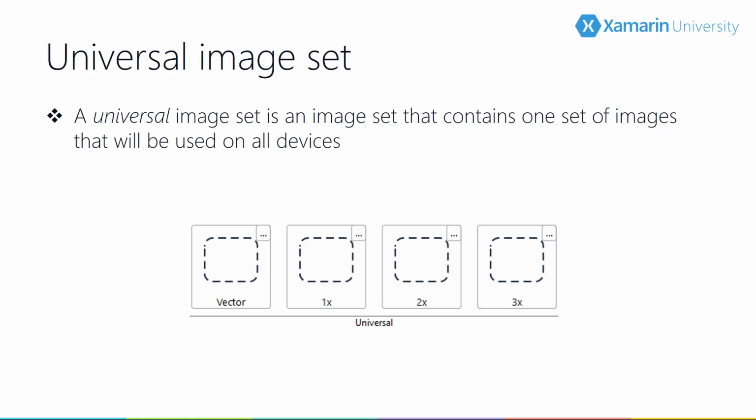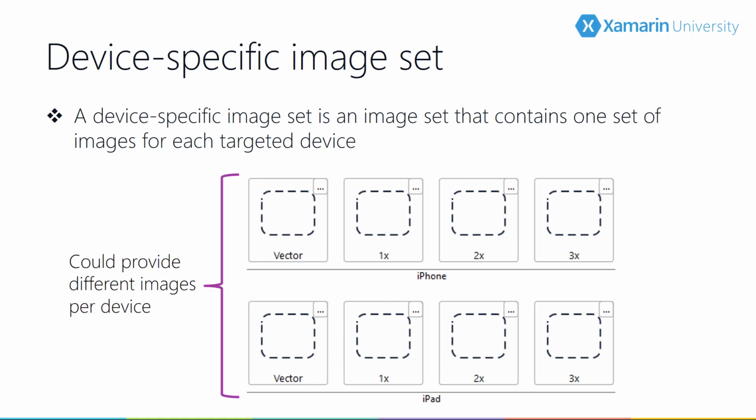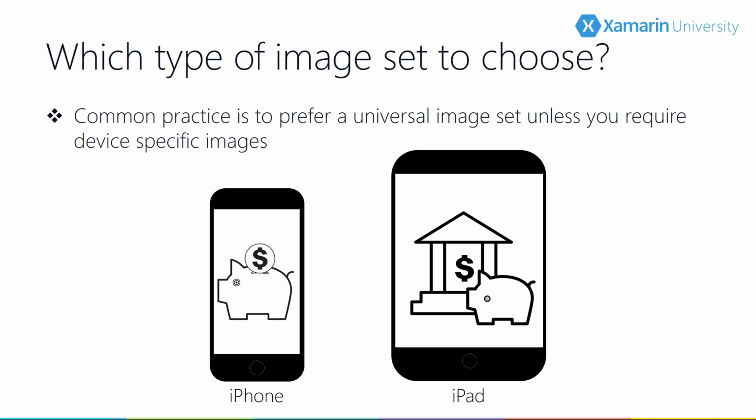But in contrast to that, there's also a device-specific image set. So you can say, I want this image set to be just for iPhones or just for iPads, and so on. This allows you to essentially provide a different image depending on your device. Now, the general advice is you should most of the time use a universal image set.